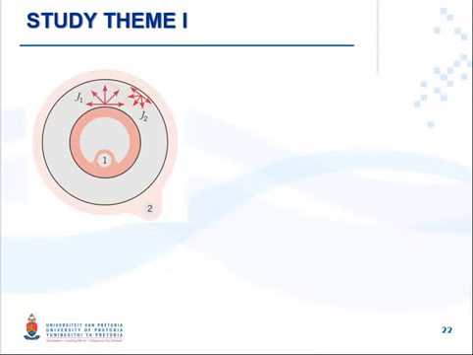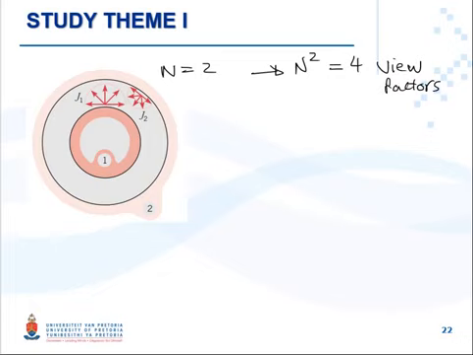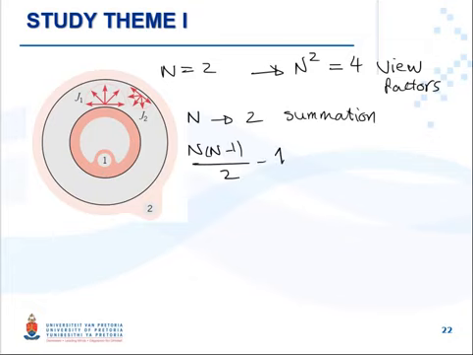Okay, let's go back to our example and see how it works. How many surfaces do we have? N is equal to 2. Then we have 4 view factors. Out of these 4, n, so 2, can be calculated from summation. N times n minus 1 divided by 2, which is 1, comes from reciprocity.